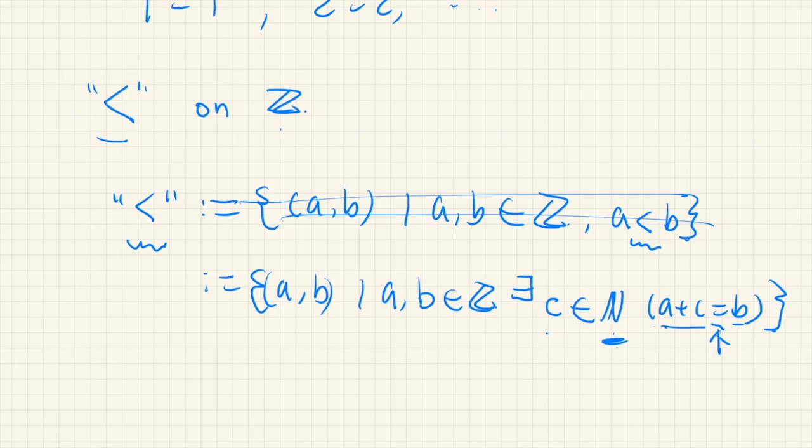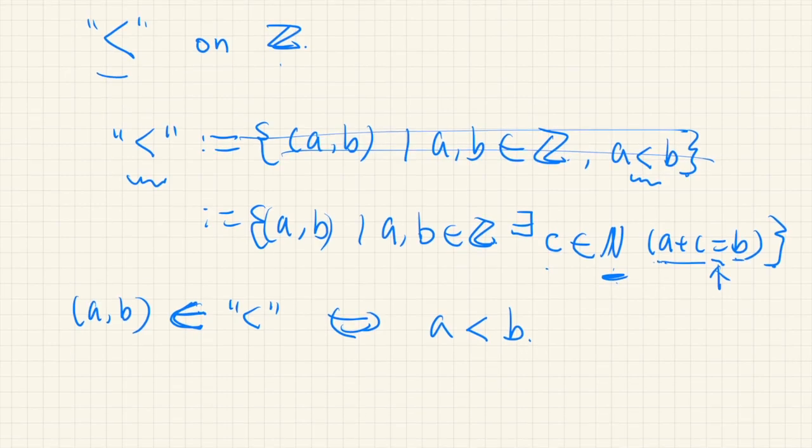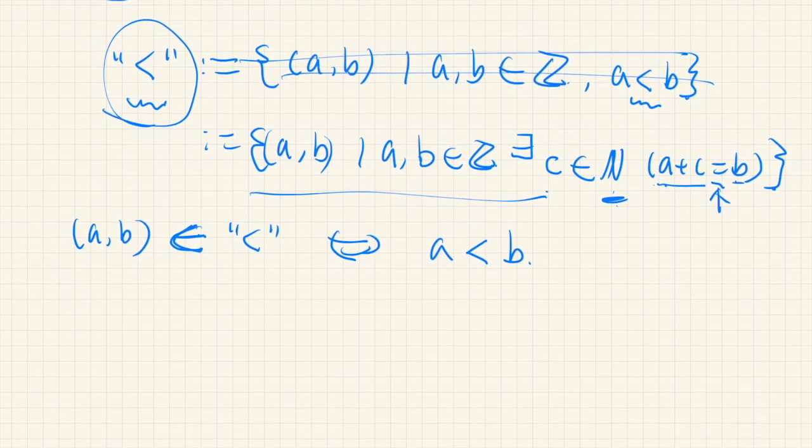If this holds, then that means A is less than B. So if (A, B) belongs to this relation, then we write A less than B. So the less than relation is a relation, and it's a subset of Z times Z.